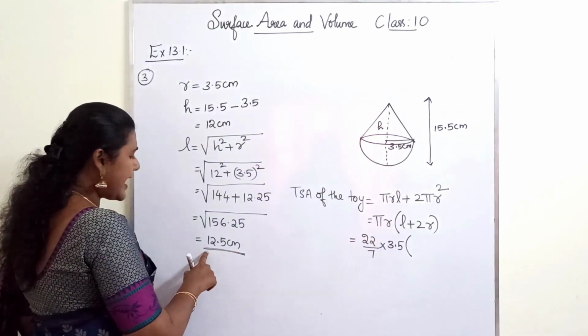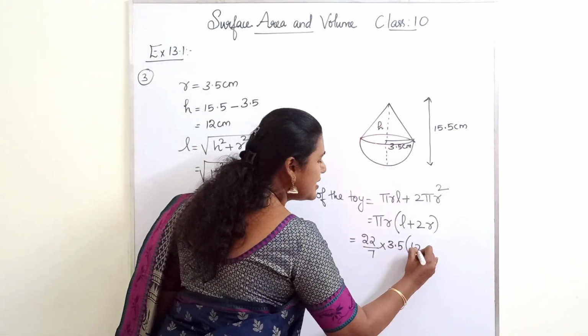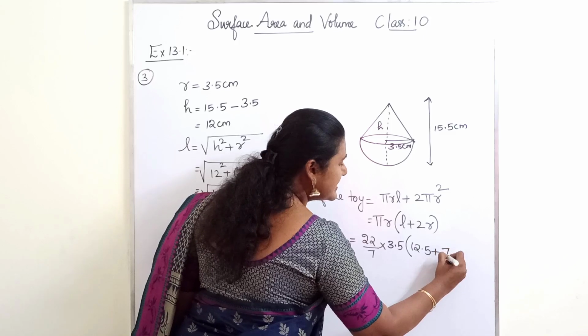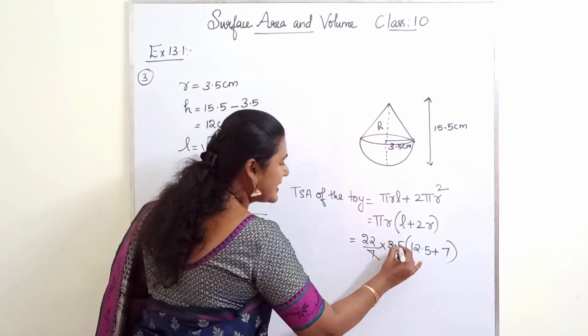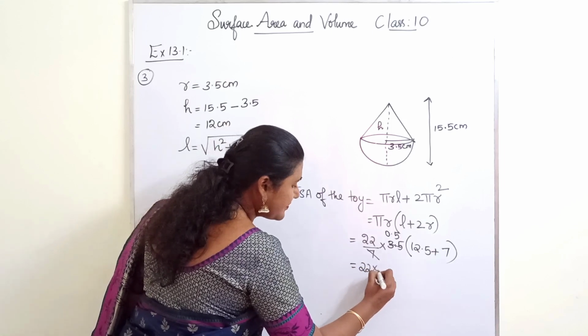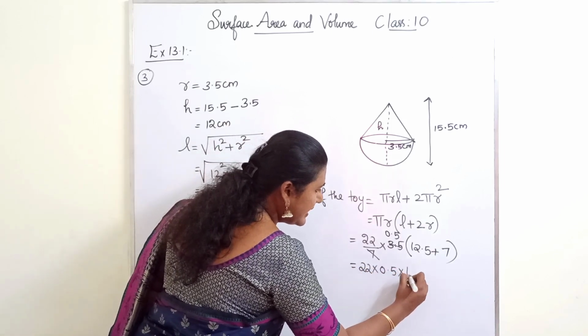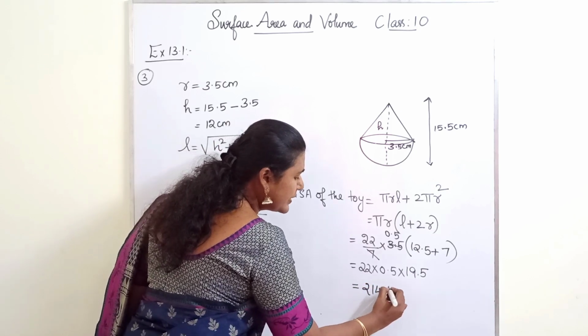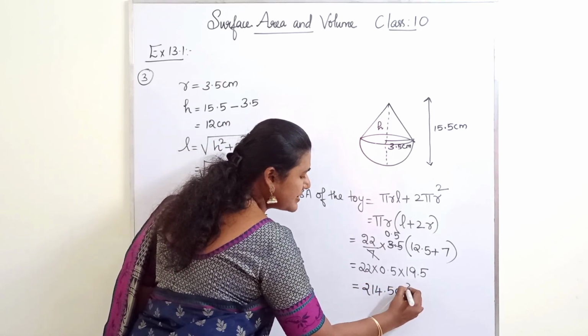We got the slant height as 12.5. So 12.5 plus 2 into 3.5, that is 7. So here we can cancel. So 22 into 0.5 into 19. So the final answer will be 214.5 centimeter square.